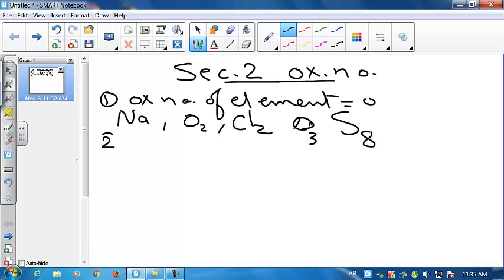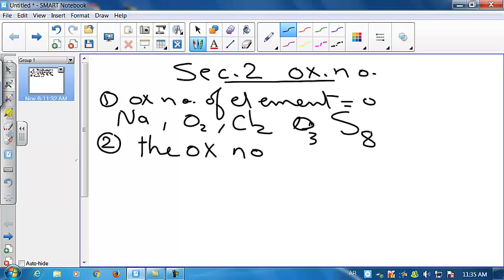Number 2, in the ionic compound, the oxidation number of each species equals the charge of this species. You know that ionic compound consists of ions, positive and negative. So the oxidation number on each ion equals the charge of this ion. So let us write it.